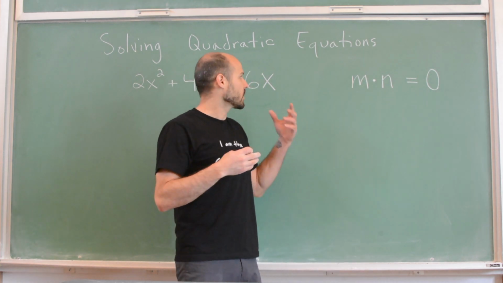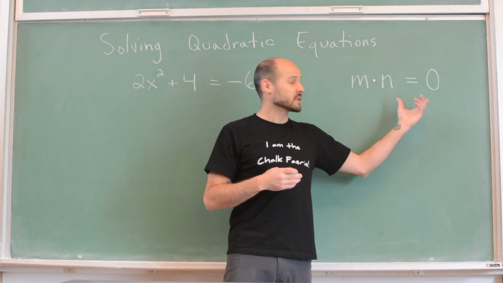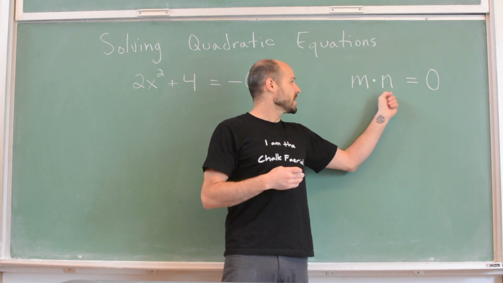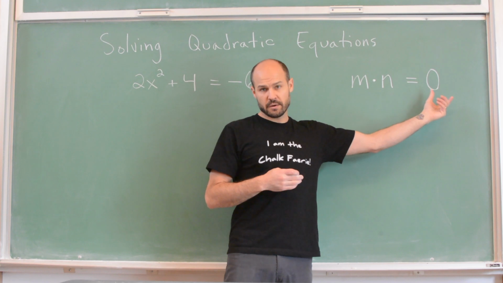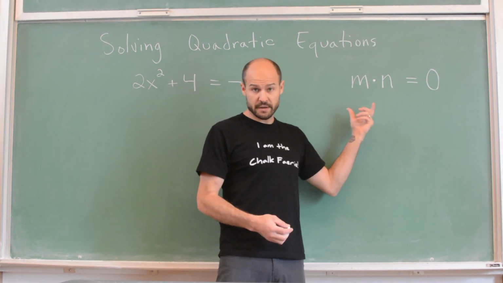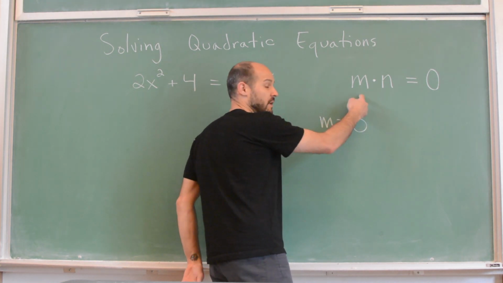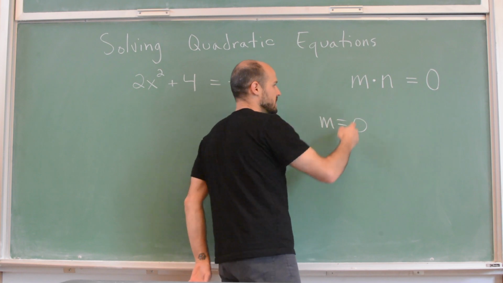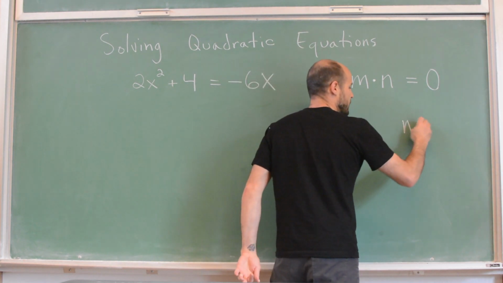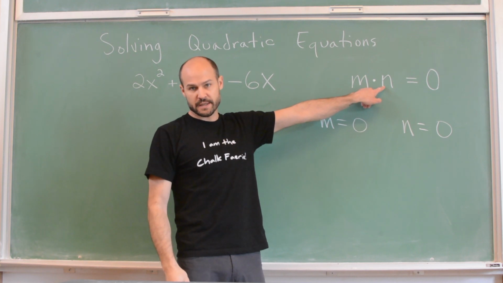In order to solve our quadratic equations, we're going to rely on one principle: two things being multiplied up to 0 gives us a pattern that we can utilize. The pattern being that either m is equal to 0, one of our factors of this product is equal to 0, or n is 0, the other factor of this product is 0.